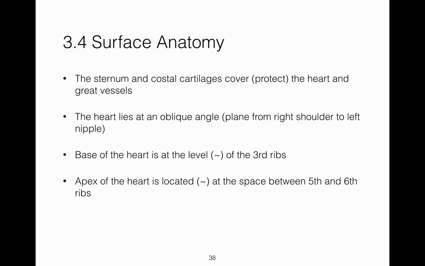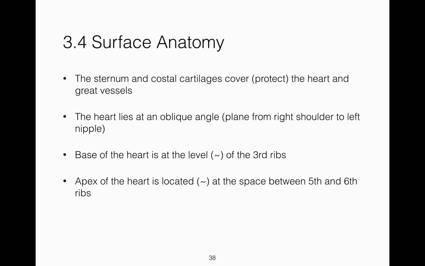Surface anatomy. The sternum and costal cartilages are directly anterior to and protect the heart and great vessels. The heart lies at an oblique angle. Its long axis runs along a plane from the right shoulder to the left hip.